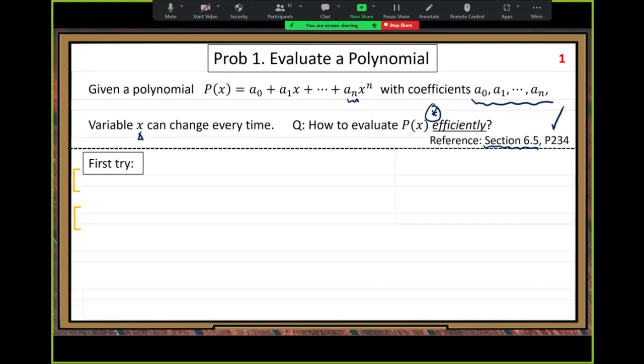We just want to get a correct way to solve the problem, and let us worry about efficiency later. After we get a correct solution, then we look at the efficiency issue. We just use the straightforward algorithm. Everyone knows how to evaluate a polynomial, right? So you have no problem.